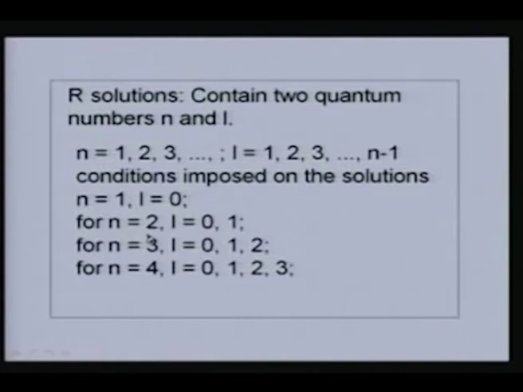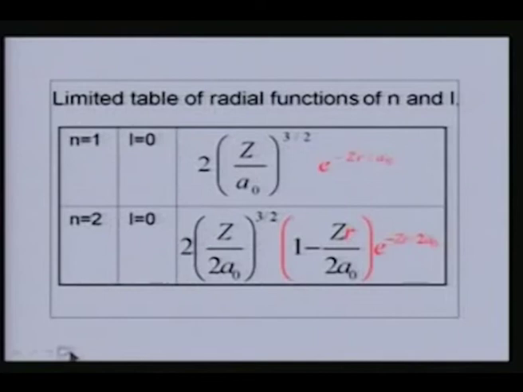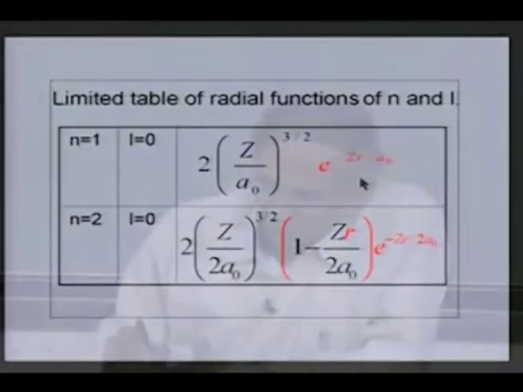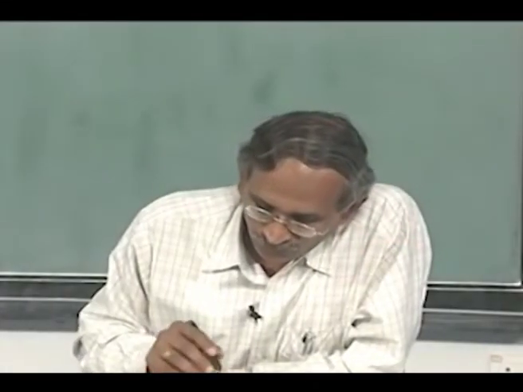If n is equal to 2, the quantum number L can have two values 0 and 1. For n equal to 3, the quantum numbers can be any one of the 3, 0, 1, 2 and so on. What are the radial solutions? Let us look at the radial solutions by the actual functional form obtained by solving the radial equation. The radial solutions contain two parts.